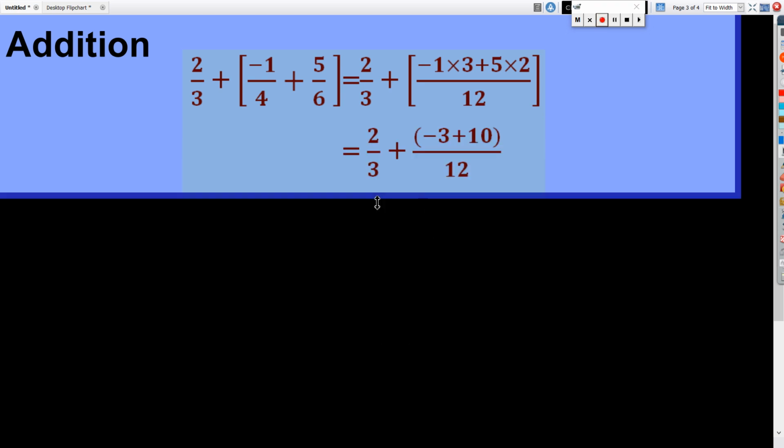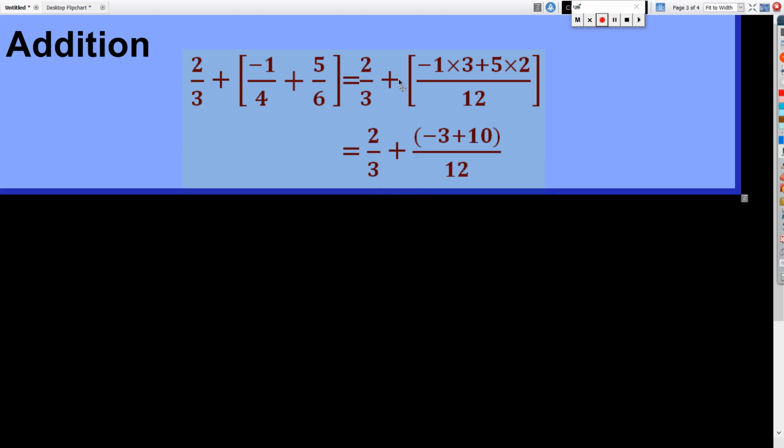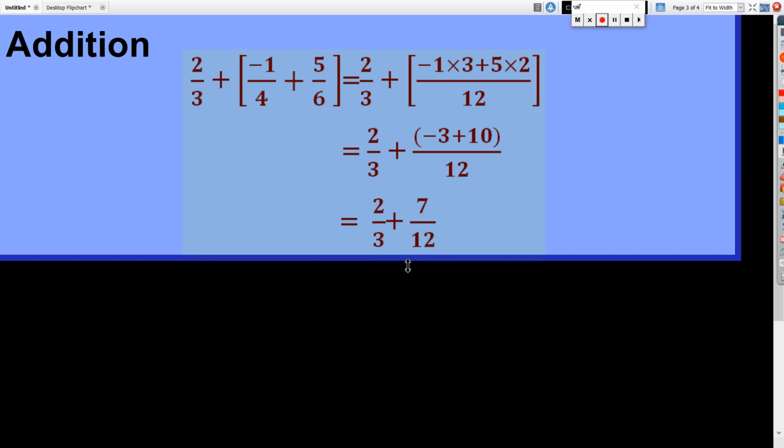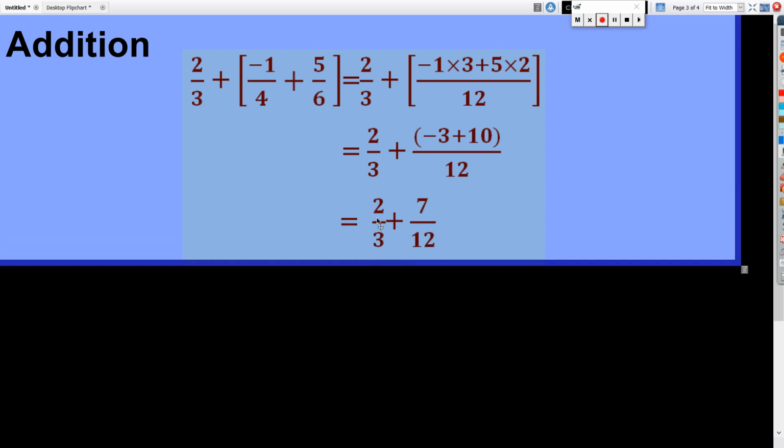The next step is equal to 2 by 3 plus negative 3 plus 10 by 12. This will be 2 by 3 plus negative 3 plus 10. You will get 7 by 12.